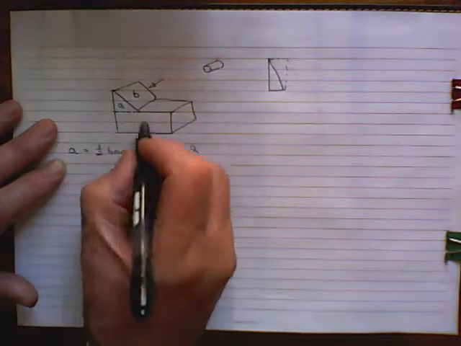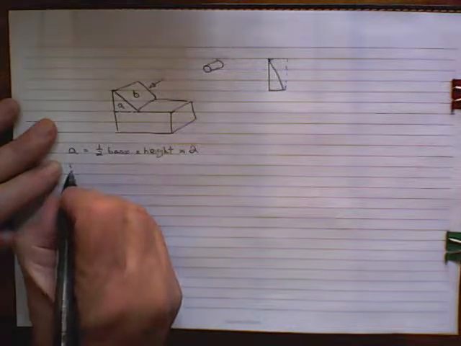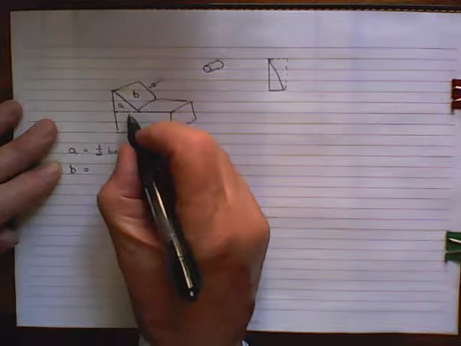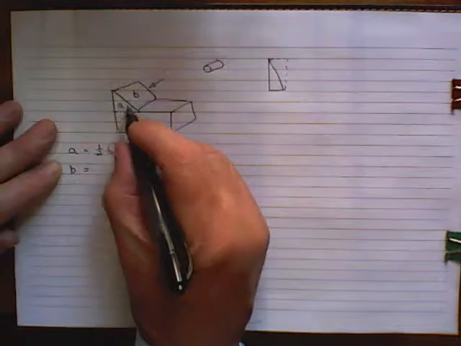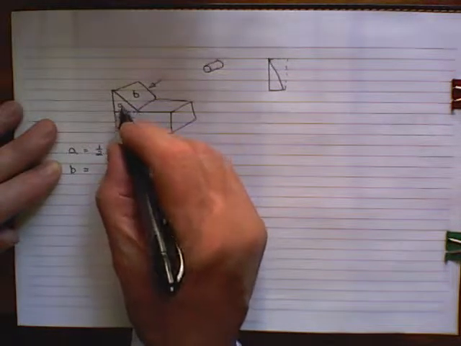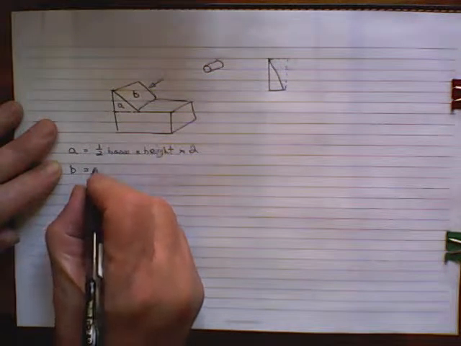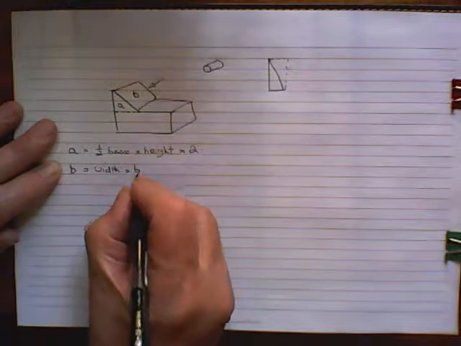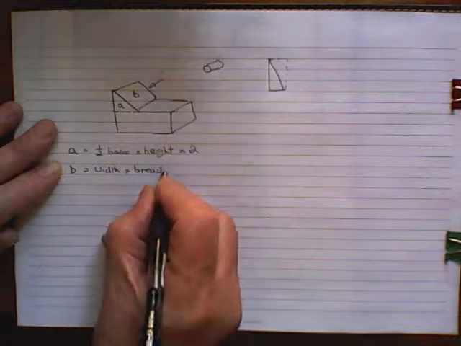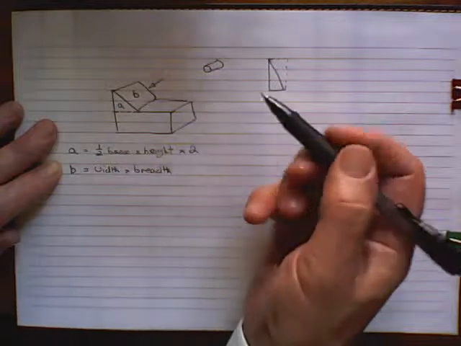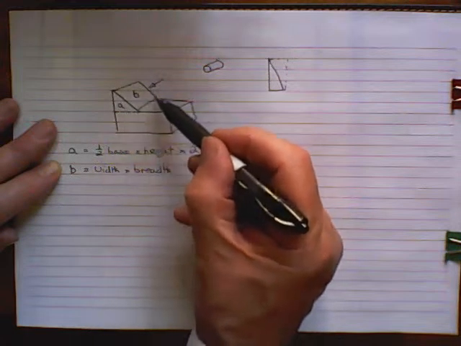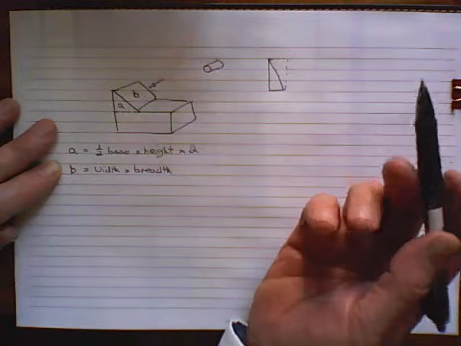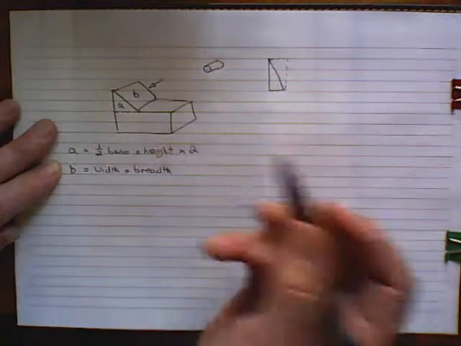Here we have B. B is a flat surface, and it's equal to the, in this case it's not height, this is slant height, so let's call it the width times the breadth. How many of this area B is there in the solid object? Well, there's only 1, so leave it alone.